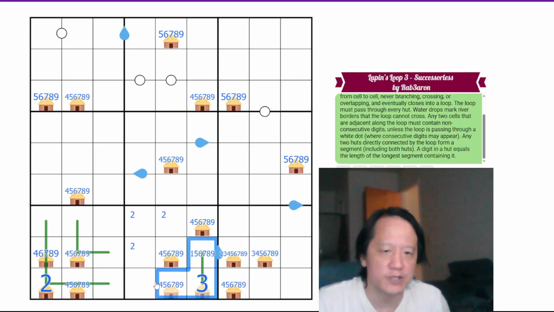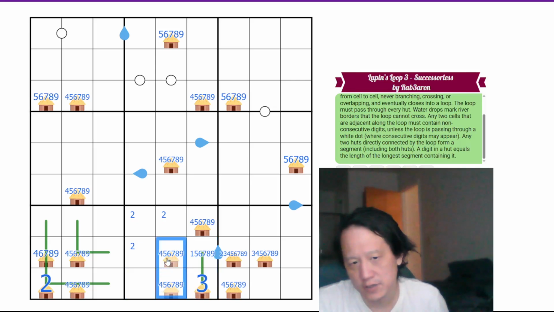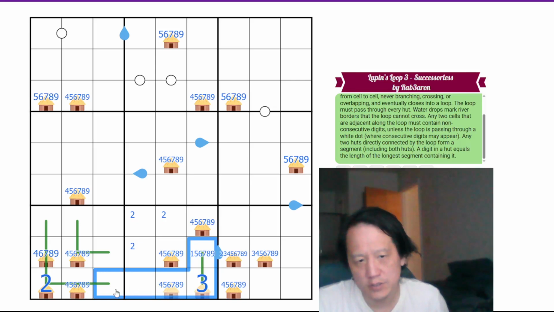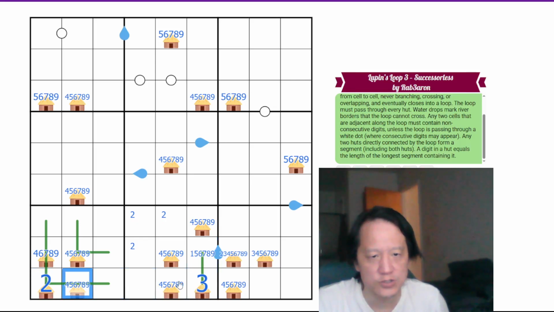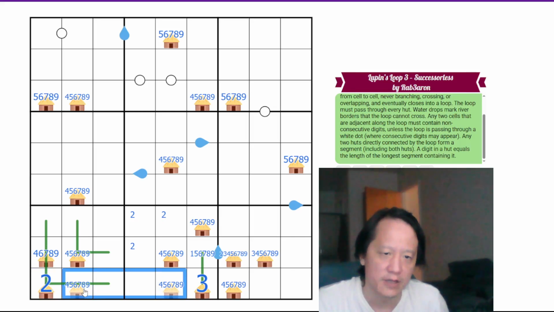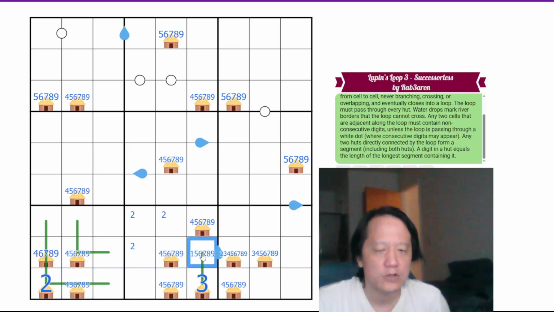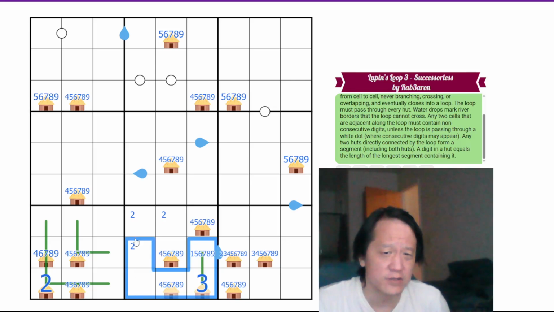If we went out this way, you cannot directly connect to there. You can't go that way because then these two have the same length. It would be 4 and 4, and that would be a repeat in the row. So you'd have to have this go separately.